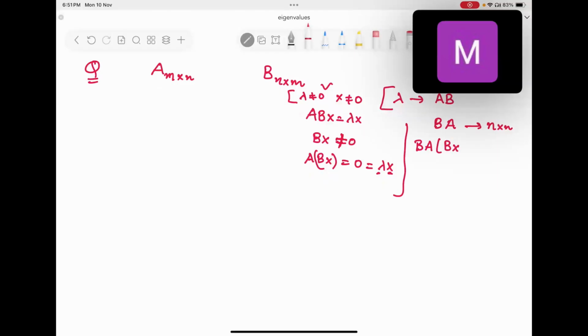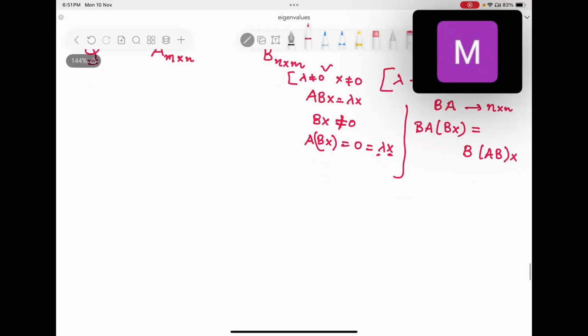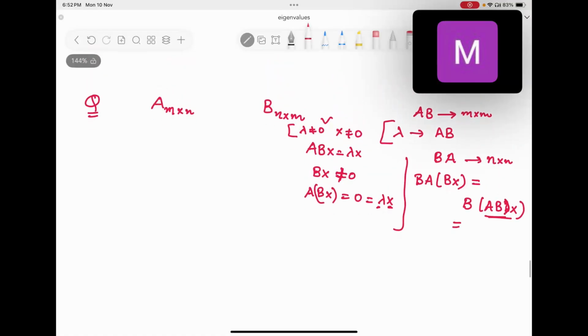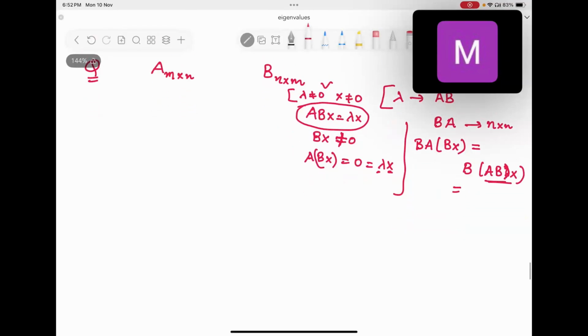So if Bx is non-zero, now if you operate BA on Bx, what will happen? It will be B A B x. Now what is ABx? Lambda x.